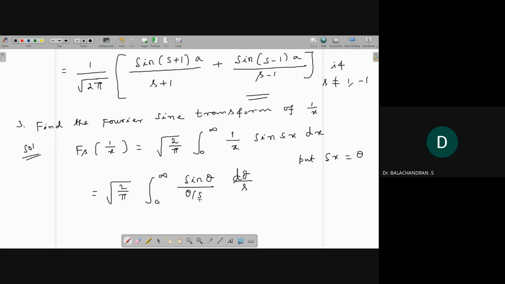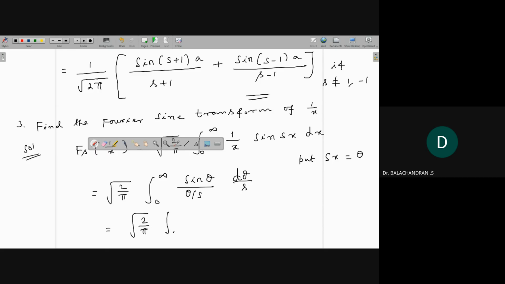So s gets cancelled. You have root 2 by pi integration 0 to infinity sine theta by theta into d theta. So the value of the integral 0 to infinity sine theta by theta d theta is pi by 2.